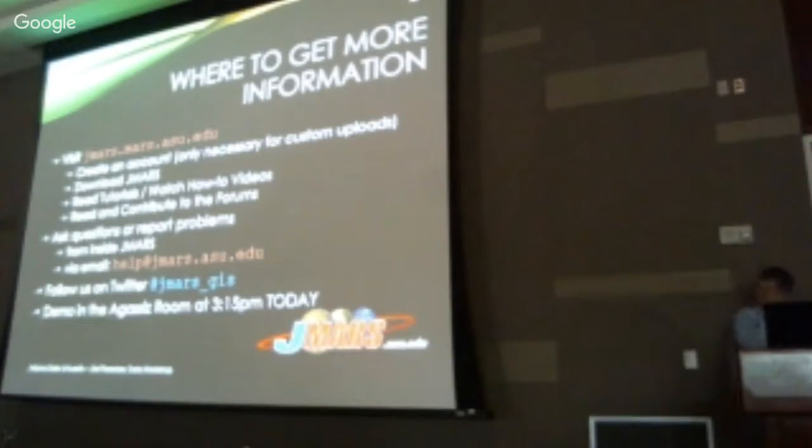Yeah, hi. I had a quick question. You had mentioned JMARS allows the ability to create 3D models that are useful for 3D printing. I was just wondering whether that capability was for a subset of the data that you provide, or is that kind of transformation possible with all data? Sure, good question.